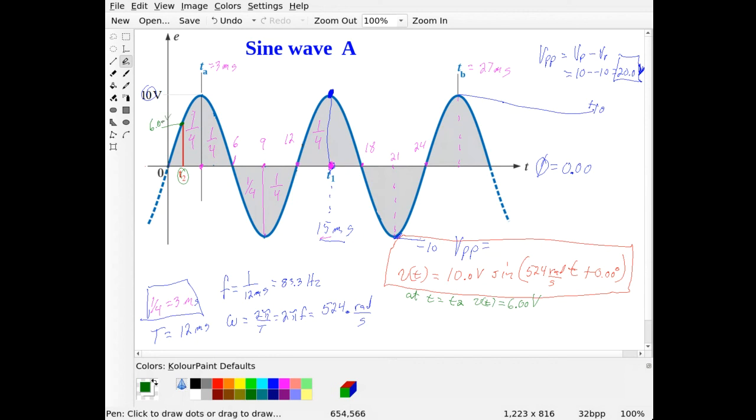And so therefore, I stick this in my sine wave equation. I'm going to say V of t2 is equal to 6.00 volts, which is equal to 10.0 volts sine 524 times T2.